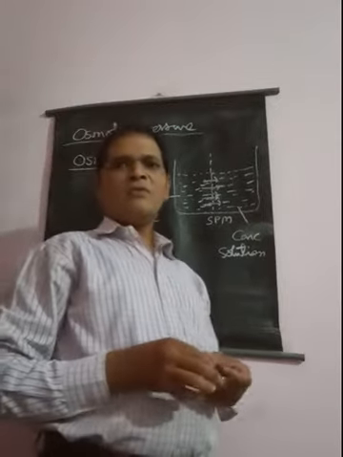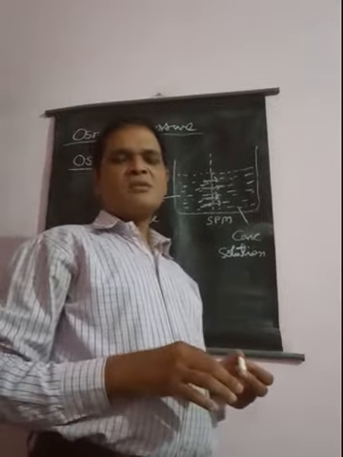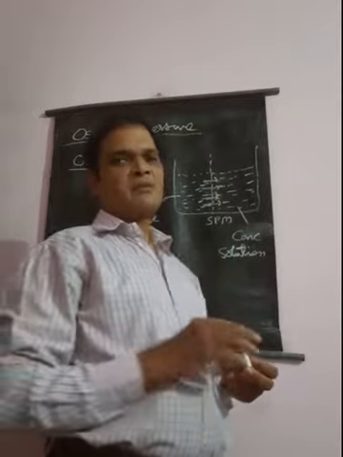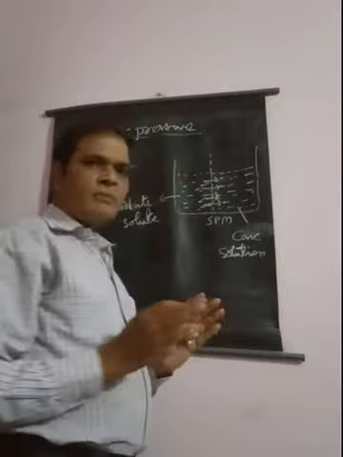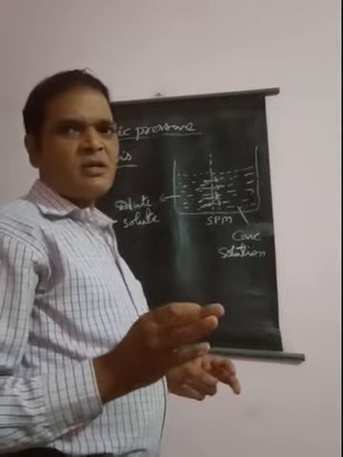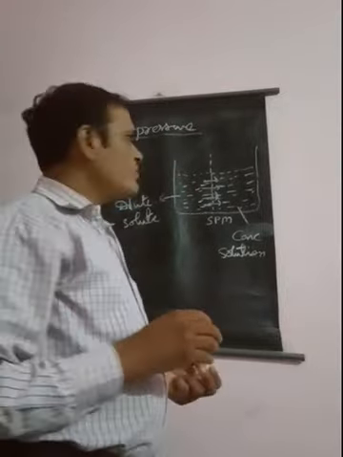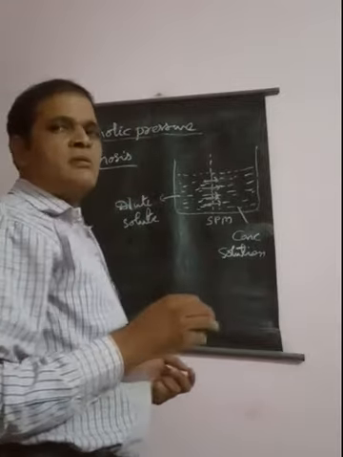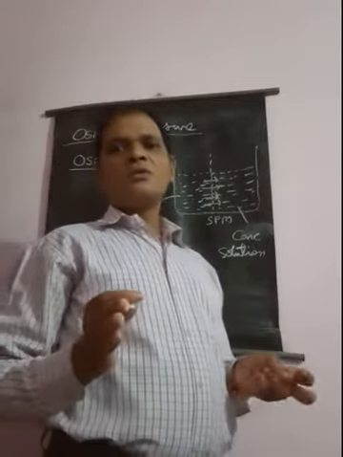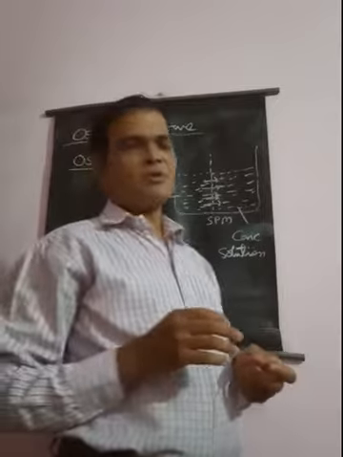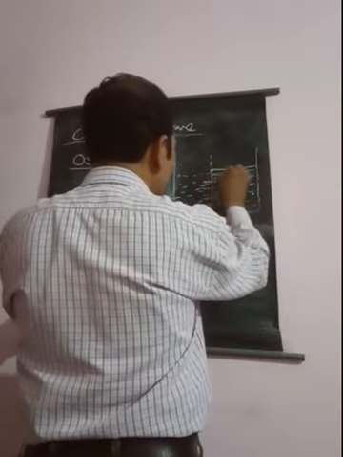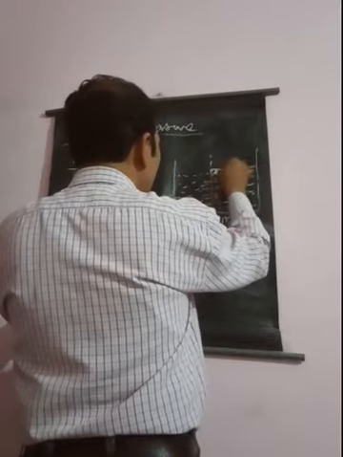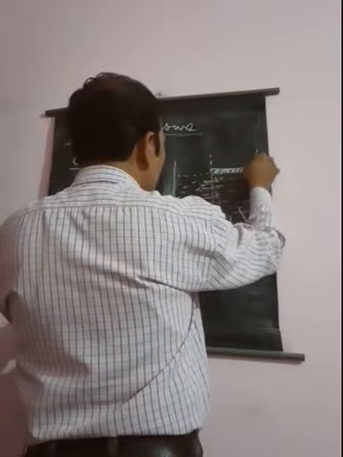Now we will see here, after osmosis, what is osmotic pressure. If we want to stop the process of osmosis, then what will we do? We generally apply pressure on the solution of higher concentration. So suppose this is the solution of higher concentration, and we are applying a pressure P on this solution.